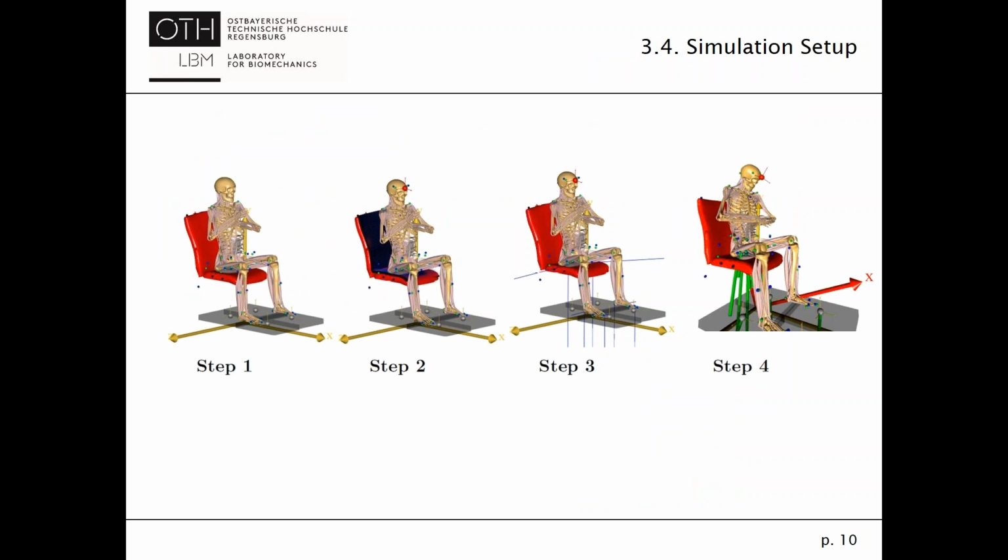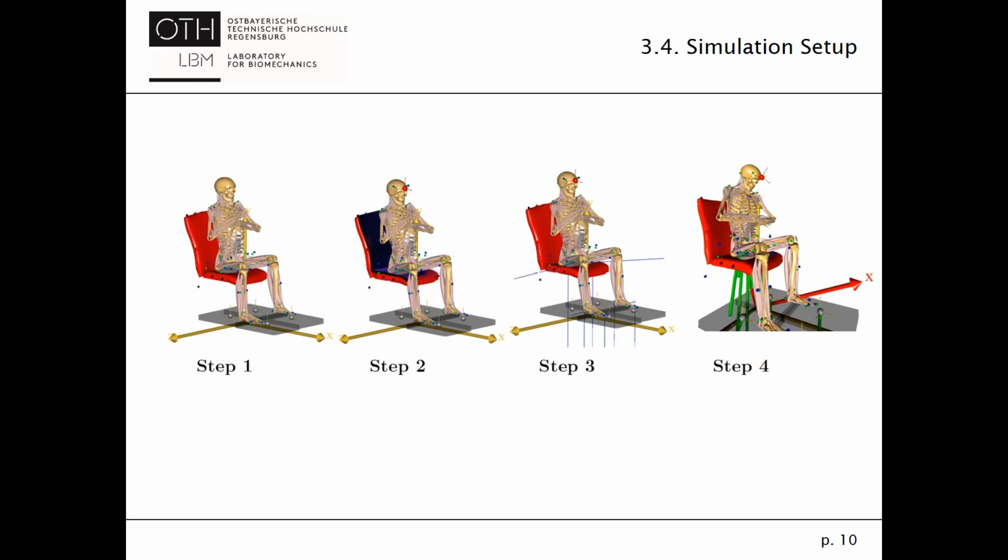Each trial consists of 4 steps in AnyBody and several MATLAB computations, and I will explain those steps in the following. But before I continue, I would like to describe the model setup in short. In step number 1, we determine the initial sitting position. Then in step number 2, the pressure indicating film is implemented, and from now on the head and the hip are IMU driven.